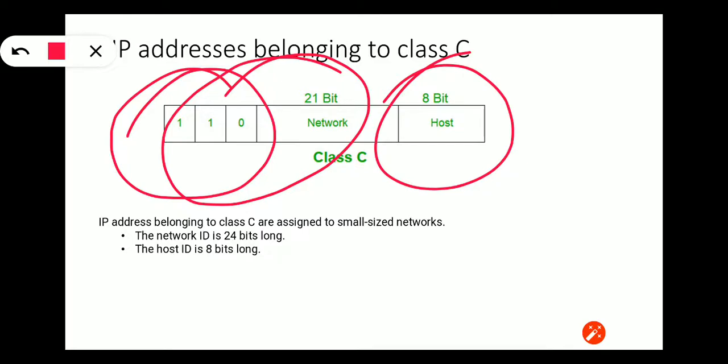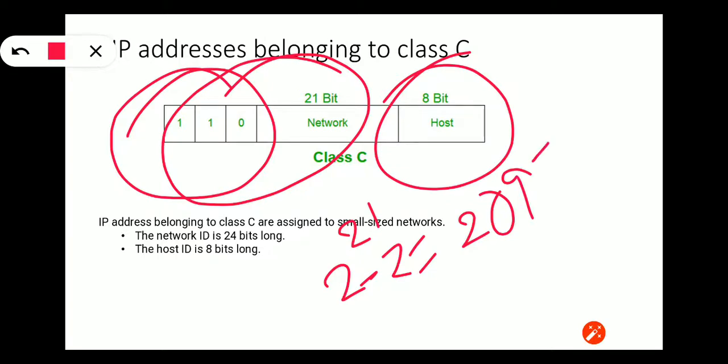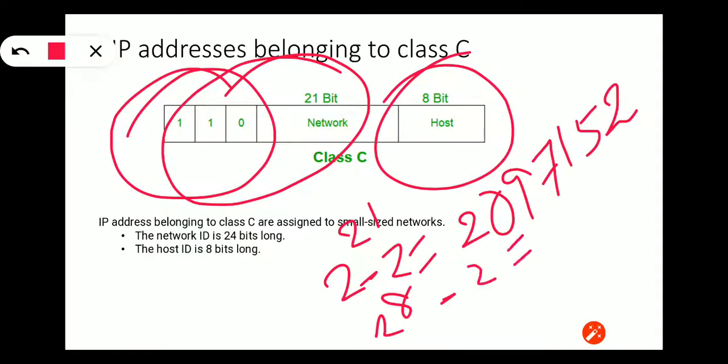So we could have 2 to the power 21 minus 2, which is 2092 networks, and 2 to the power 8 minus 2, which is 254 host addresses.